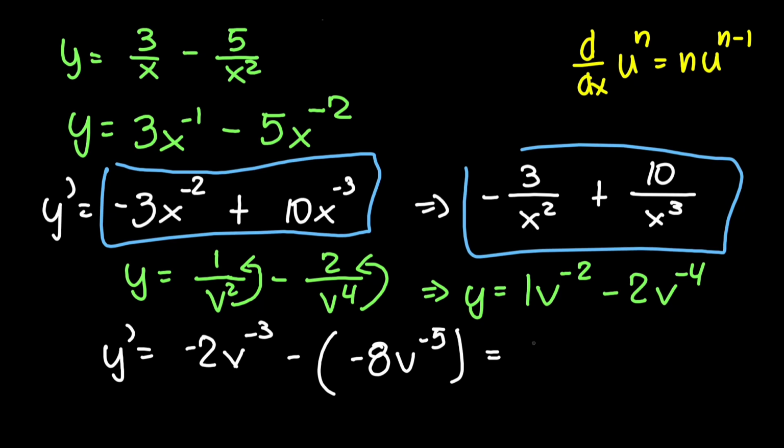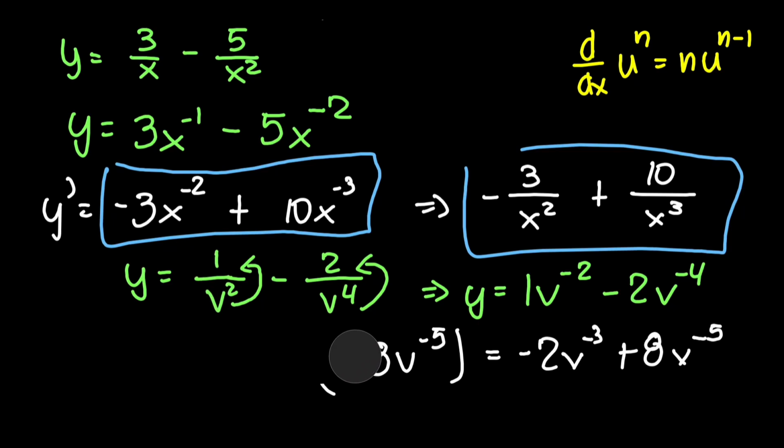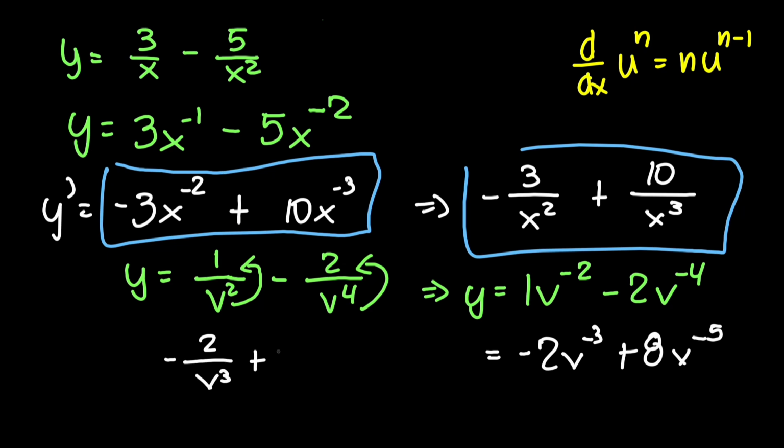And so your final answer here would be equal to negative 2v to the power of negative 3 plus 8v to the power of negative 5. If you want again, convert it to the fraction form, which would be equal to negative 2 over v to the power of 3 plus 8 over v to the power of 5.